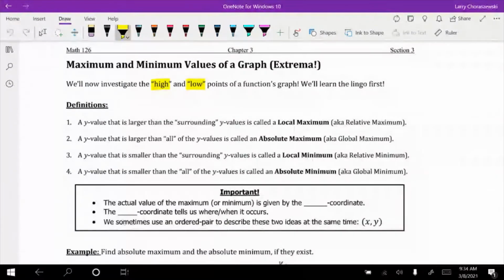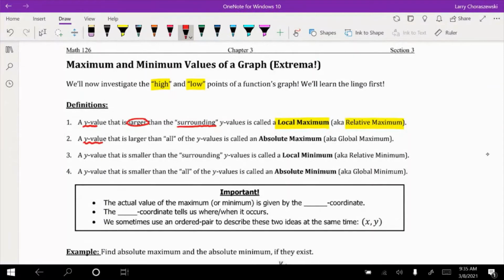So a y value that is larger than the surrounding y values, and what I'm referring to here are y values of points on the graph, would be called a local maximum, sometimes alternatively referred to as a relative maximum.